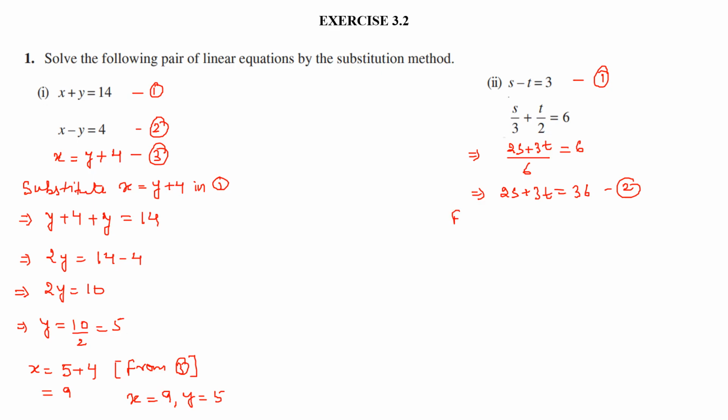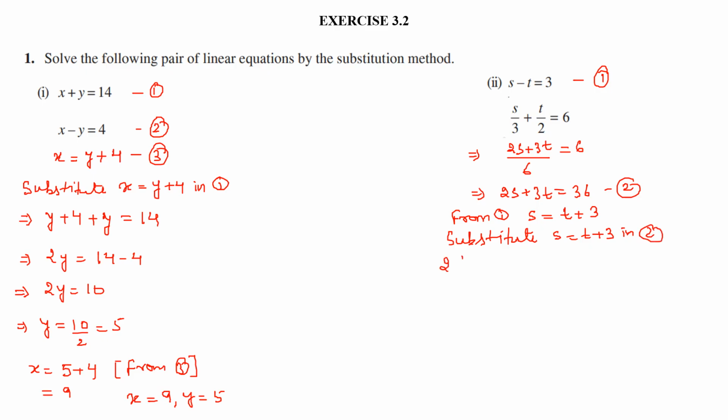Now from first equation, I can write the value of s as t plus 3, isn't it? And substitute s equal to t plus 3 in equation 2. And so what will happen?